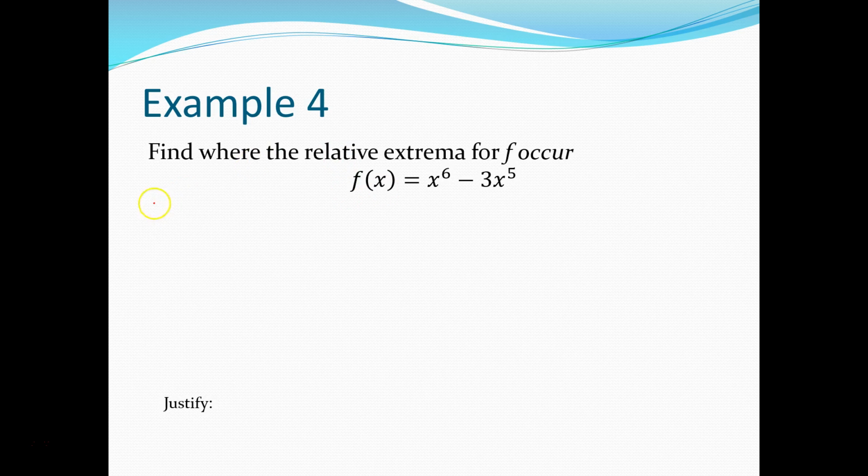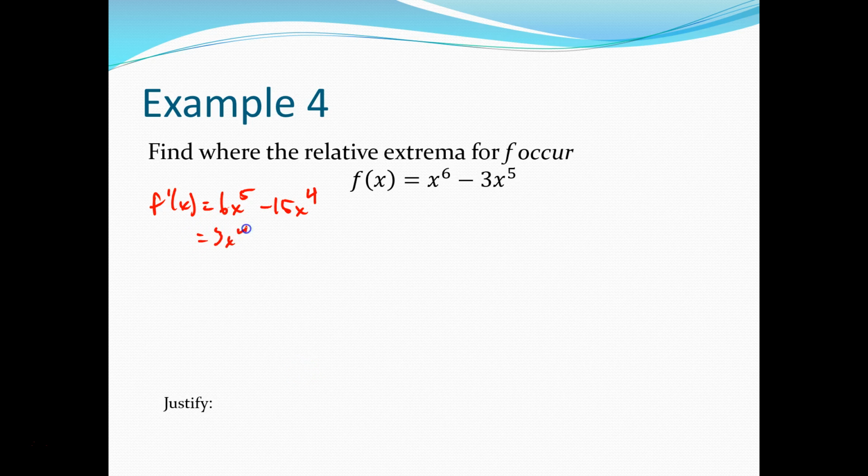So we got f of x. Let's do f prime of x over here. F prime of x is going to be 6x to the 5th minus 15x to the 4th. And so we want to find out when that is equal to 0. So let's factor out, looks like we can factor out a 3x to the 4th.